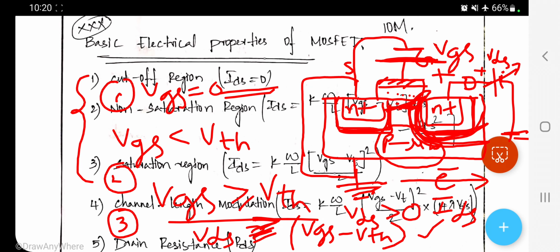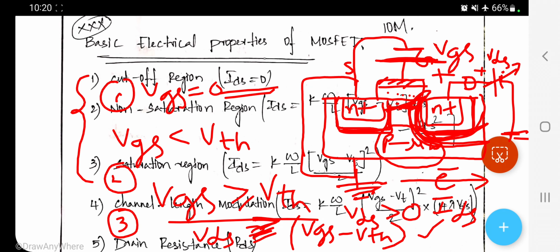Very high numbers of electrons cross the depletion region and enter into the drain, and IDS will be maximum. Why? Because the VDS applied is high, and the channel length here is very small, not even micrometers, it will be nanometers.